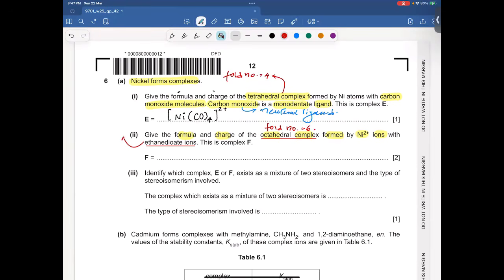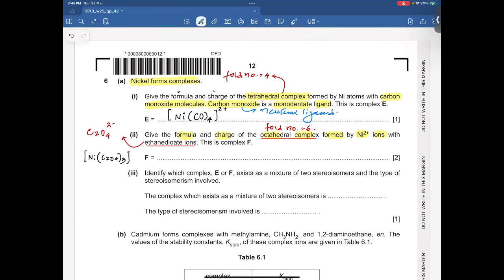I've told you in the class, the ethanedioate ion has the formula C2O4 2 negative. So for octahedral geometry, the ethanedioate ion C2O4 should be 3, because one bidentate ligand forms 2 dative bonds, so when we have 3 bidentate ligands, it forms 6 dative bonds. And when it forms 6 dative bonds, obviously the coordination number is going to be 6, and that's going to be the octahedral geometry.